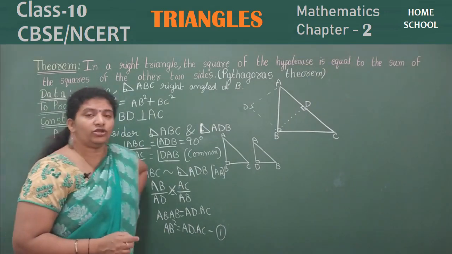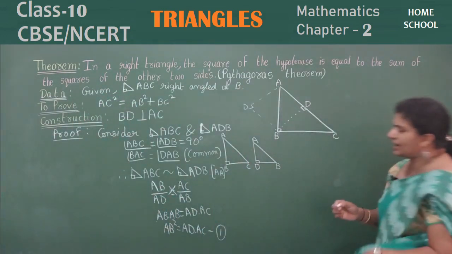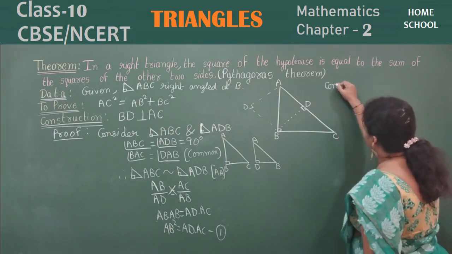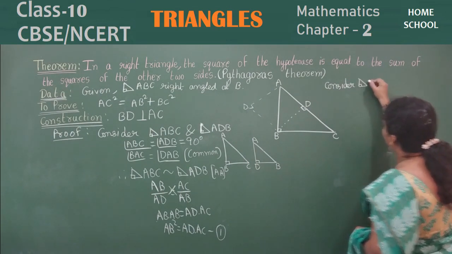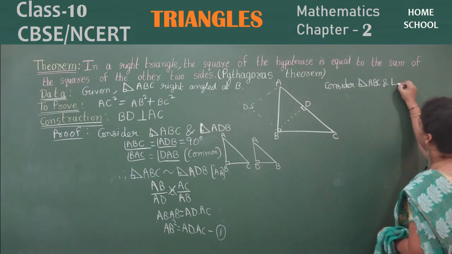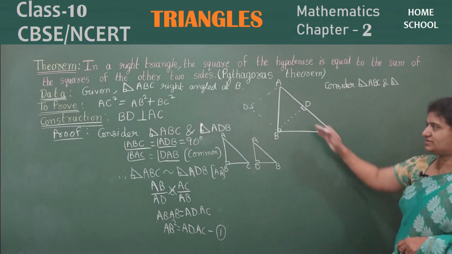Similarly, we are going to take another pair of triangles. What is the other pair we are going to take here? Consider right triangle ABC and right triangle. See here, how do you compare this triangle?